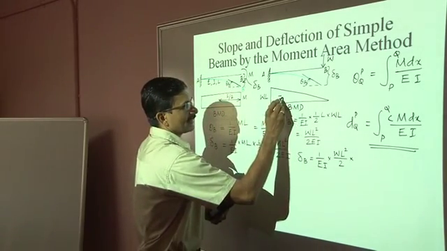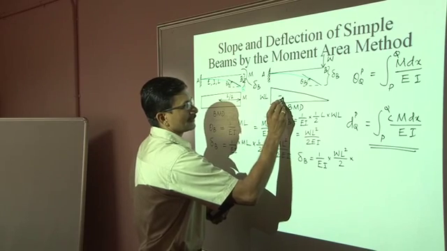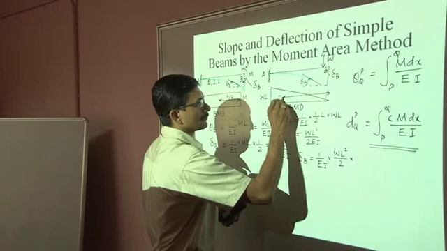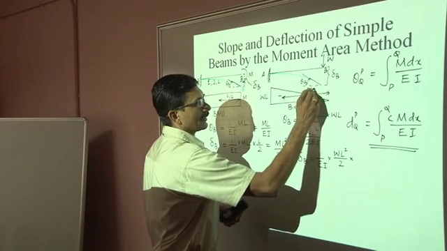The centroid may be somewhere here, and the distance to end B will be equal to 2L by 3.